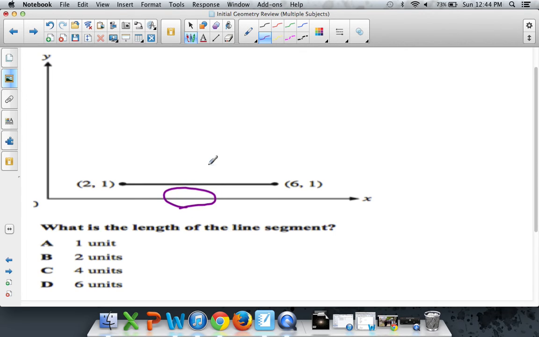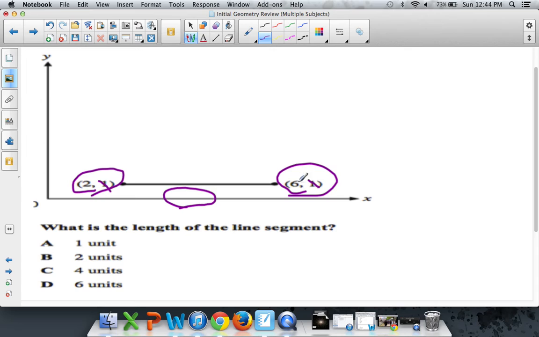Yeah, usually they might. But in this case, you have to see that we're on a graph with ordered pairs. You remember ordered pairs? In order to find the length, all you have to do is find the numbers in the ordered pairs that are the same. Here's a 1 and here's a 1. You can go ahead and ignore those.